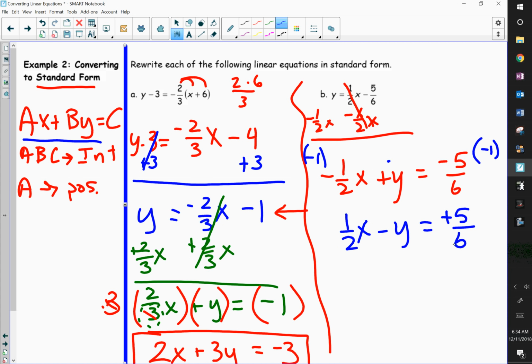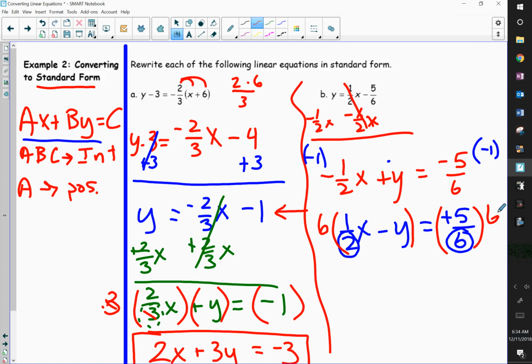Now my last step is to make sure that there are no fractions in the problem. And I can do that by looking at all of the fractions and finding a common denominator. The common denominator between 2 and 6 is 6. So I'm going to multiply the whole equation, both the left and the right, by 6.